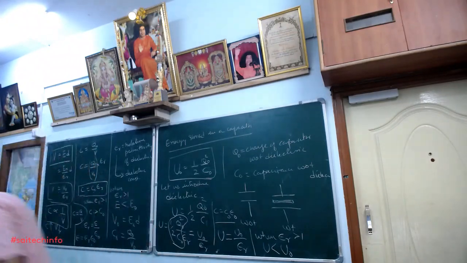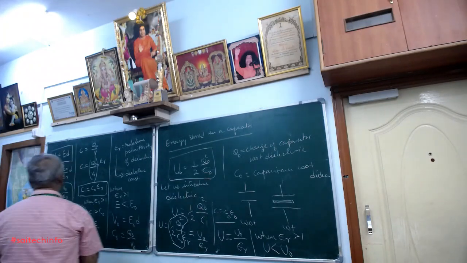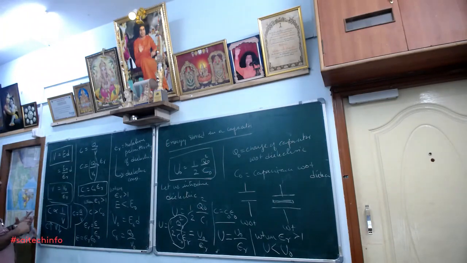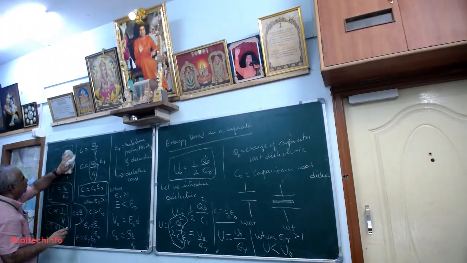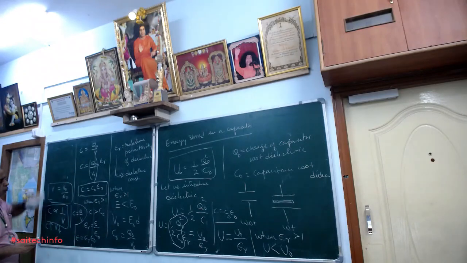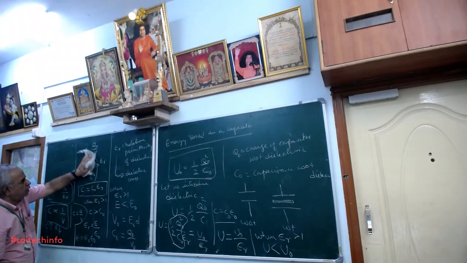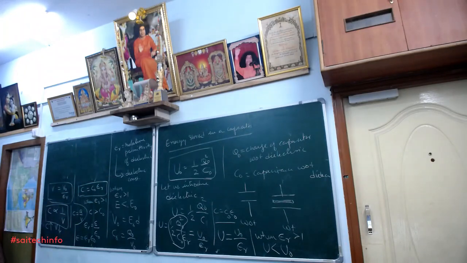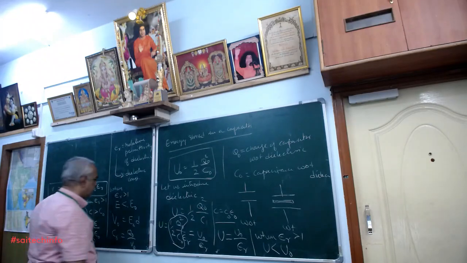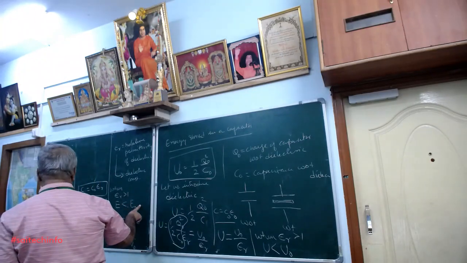So shall we summarize all this together? We have got the comparison of V naught. This is one equation regarding potential, and regarding capacitance we have another equation, that is C is equal to C naught into epsilon R, and we have one more equation with respect to electric field also.